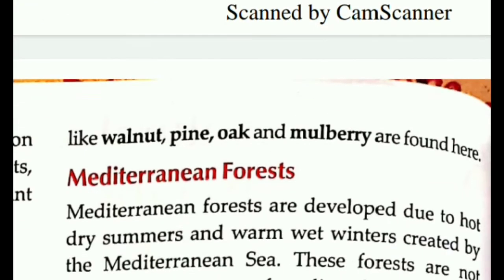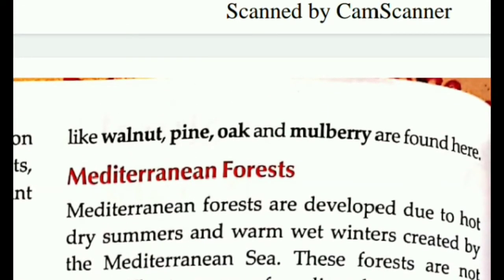Coming to the Mediterranean forest, this is the forest area where there is hot dry summer and warm wet winter. It has been created by the Mediterranean Sea. These forests are dense, of medium height and evergreen.